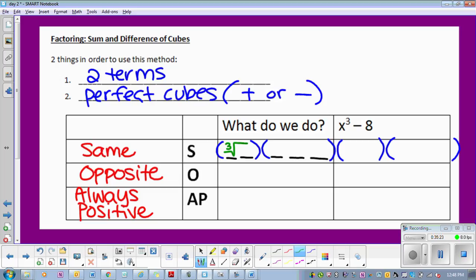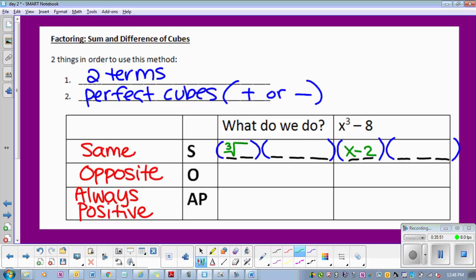X. You don't have to draw those lines. I'm drawing those lines right now so that they're a reference. And then guys, what is the cube root of negative 8? Negative 2.